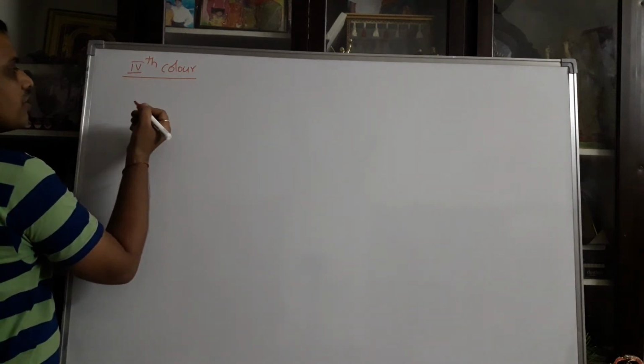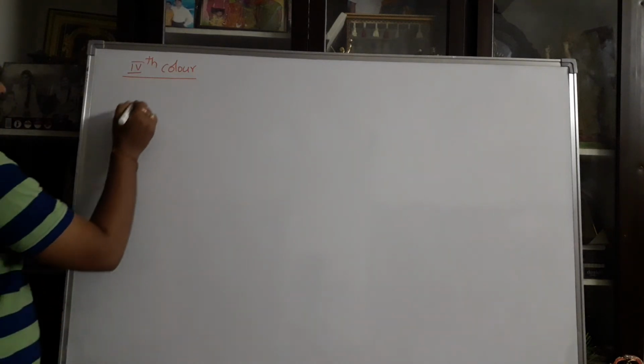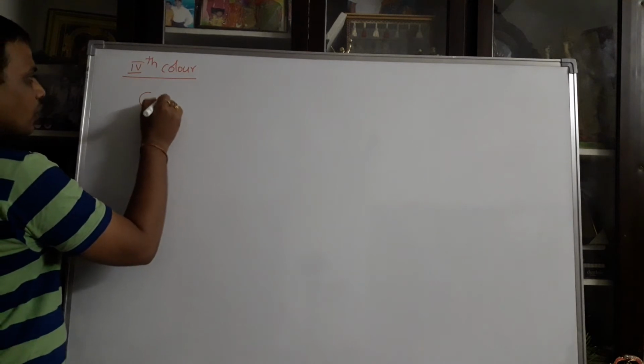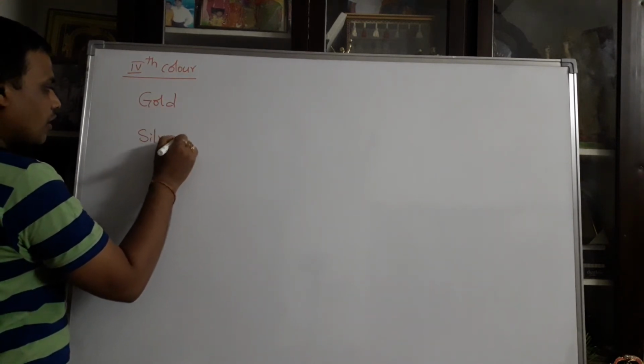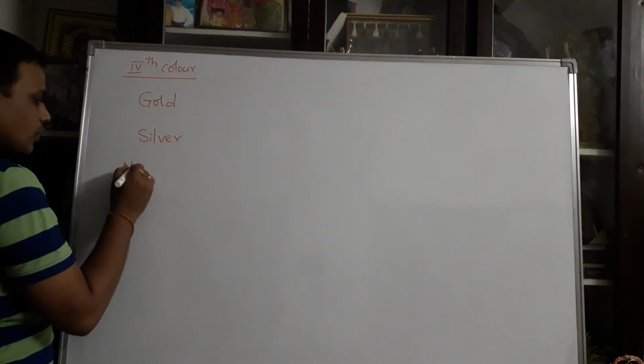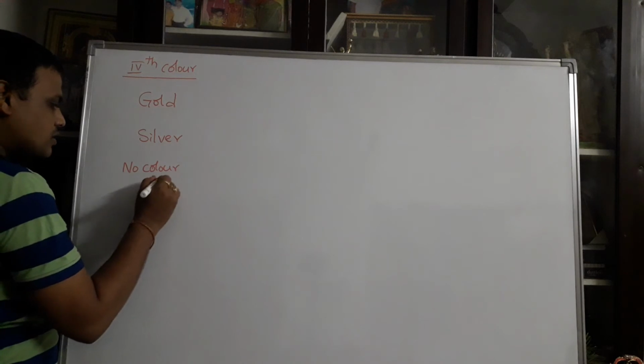Those colors are very interesting, especially from a girls' and females' point of view. The first color is gold, the second color is silver, and the third is no color, which is indicated by NC.